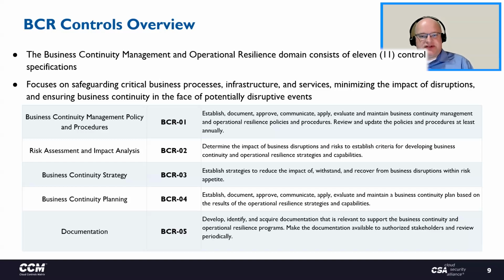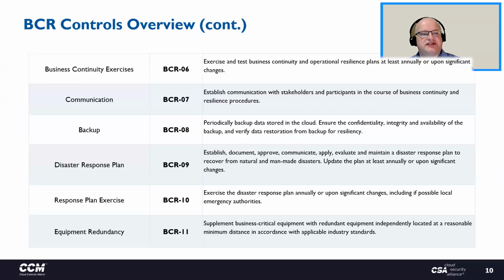There are 11 BCR controls, including policy and procedures, risk and impact analysis, business continuity strategy, business continuity planning, documentation, business continuity exercises, communication, backup, disaster recovery planning, response plan exercise, and equipment redundancy.